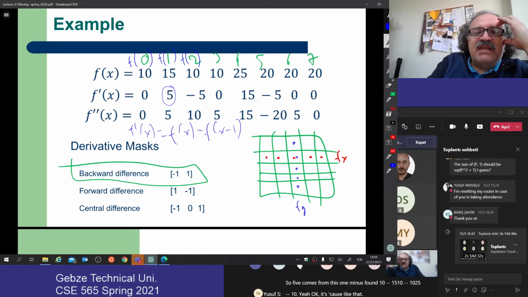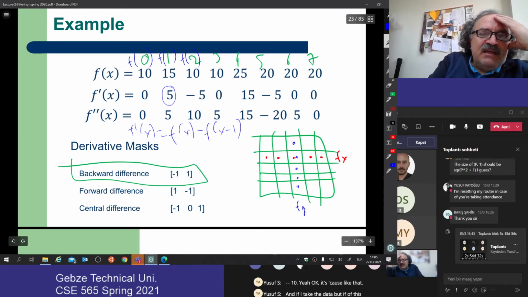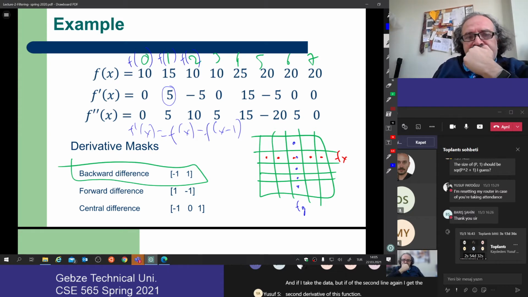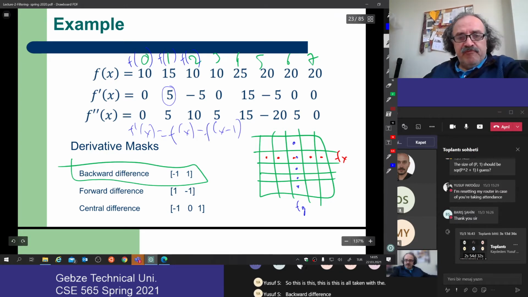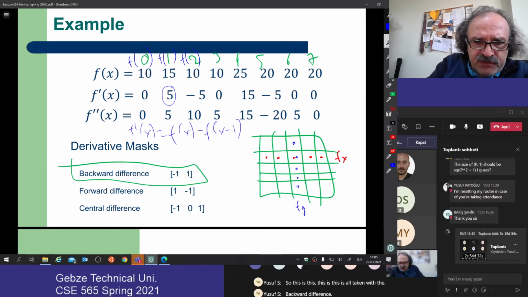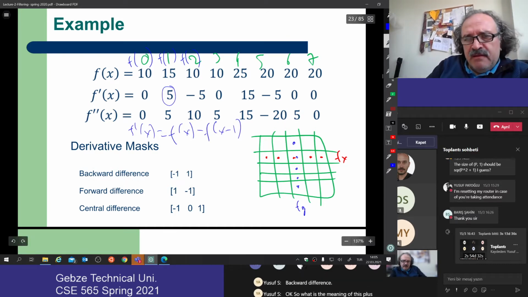And if I take the derivative of the second line again, I get the second derivative of this function. So this is all taken with the backward difference. What is the meaning of this minus 1 plus 1?